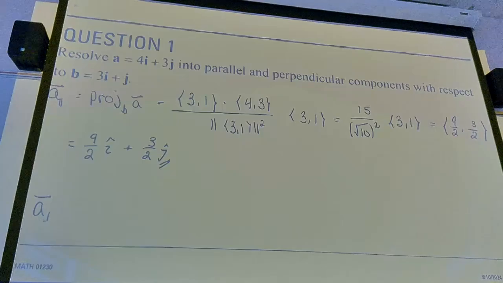The perpendicular component of A would be the component that is perpendicular to B. The parallel component and the perpendicular component, when added, have to give you the original vector.